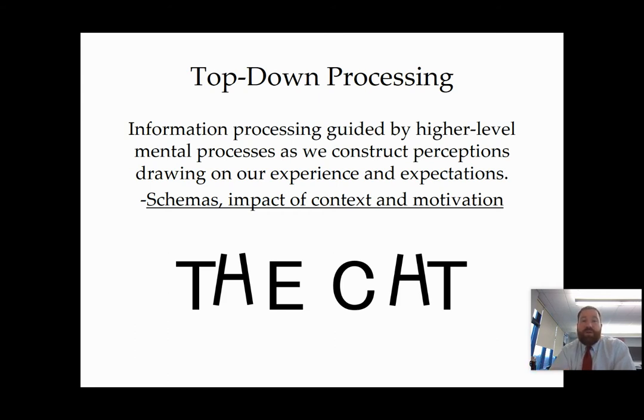We don't see too many words that start with TAE or CHT. We don't see that a lot, so therefore our brain, knowing what we know, fills in the gap. If you were not a native English speaker, you might not understand what that is saying. But because you have fluency in English and are able to read, your brain makes those assumptions.